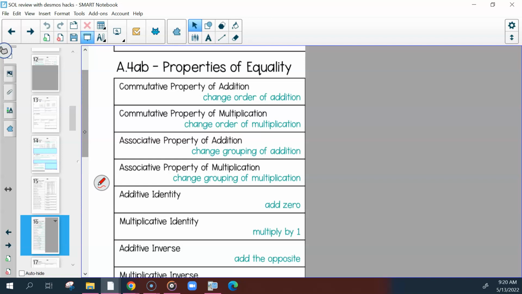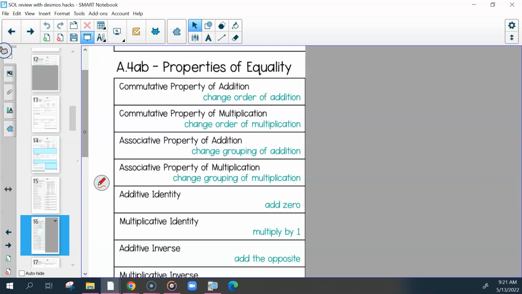Commutative property of addition is the change of order of addition. Commutative property of multiplication is that same thing, change order of multiplication. Associative property of addition is the change grouping of addition, and with multiplication, same thing, change grouping of multiplication. Additive identity is where you add 0.